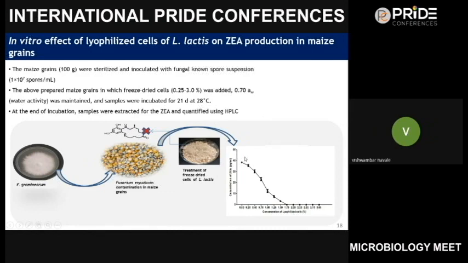Here we found that even 1.25% of these bacterial freeze-dried cells start the inhibition of zearalenone. This means Fusarium graminearum is unable to produce these mycotoxins if we apply these freeze-dried cells of Lactococcus lactis.